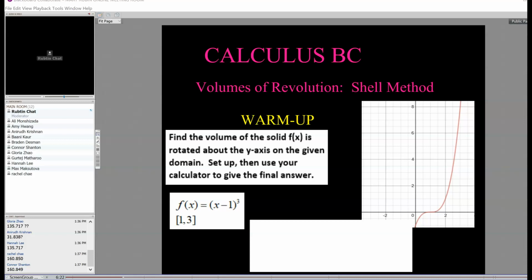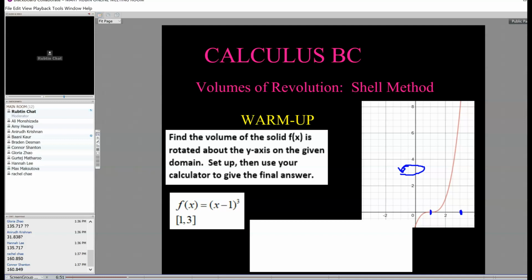So we're talking about, pictures are really tiny, but we're talking about from 1 to 3. If that's 2, this is 1. 3 is here. We're rotating it around the y-axis. So we're rotating it around this way.